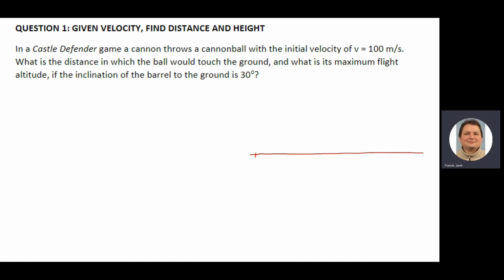But for simplicity, we will assume that the cannonball starts exactly at the level of the ground. And it has its initial velocity, which looks something like this. That's the initial velocity. It's a vector, of course. And we know that here is 30 degrees.